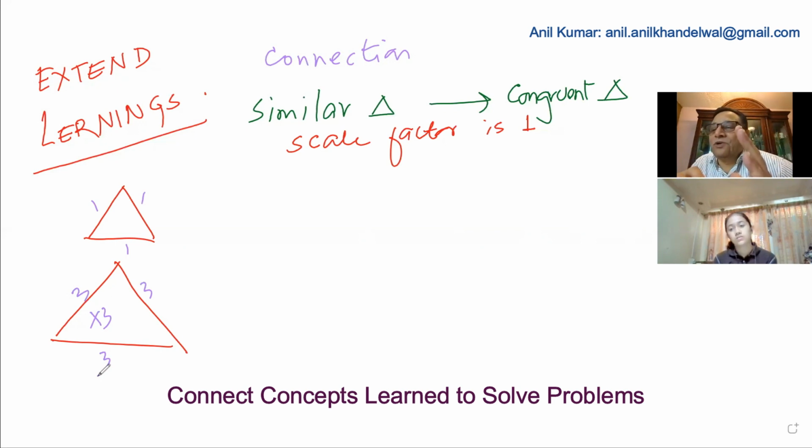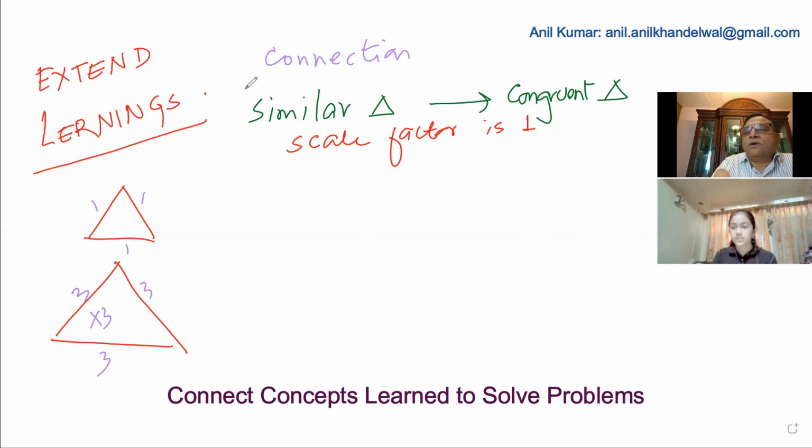Like a map, which has an index that gives you the scale factor. Similar means enlarged or compressed, but if the scale factor is 1, then it is exactly congruent. It will match. You understand this?